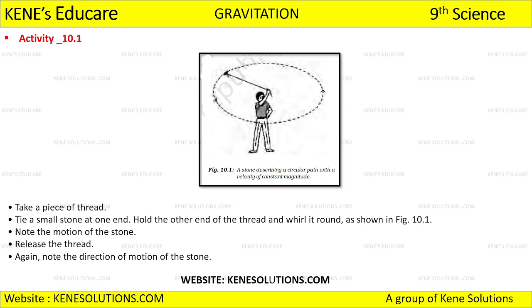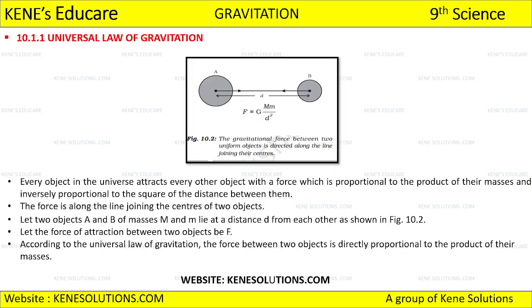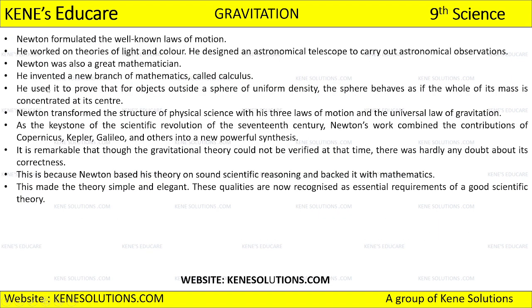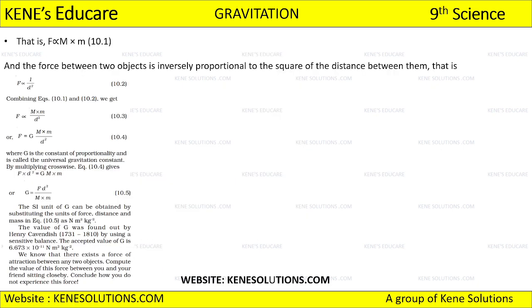Now after this we have the gravitational law to discuss, which we call the universal law of gravitation. So now you have to look at the figure properly, and whatever has been explained needs to be looked at properly.